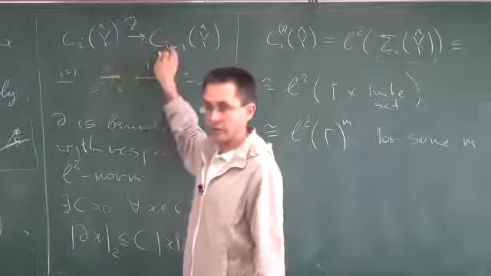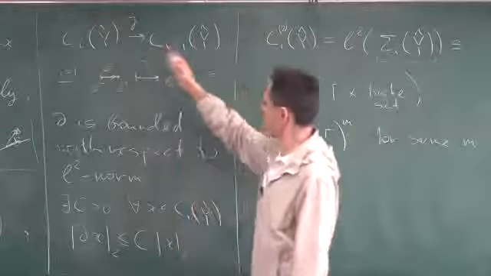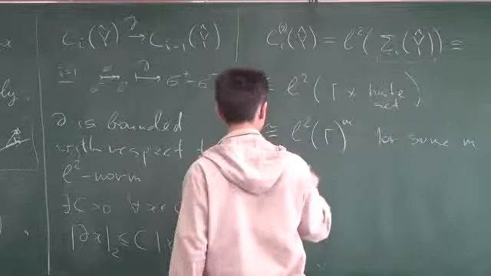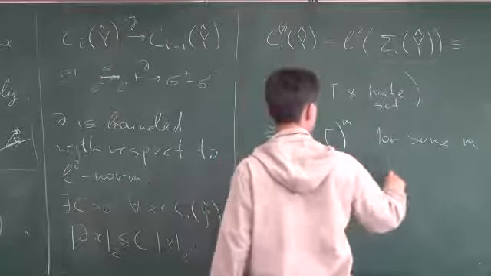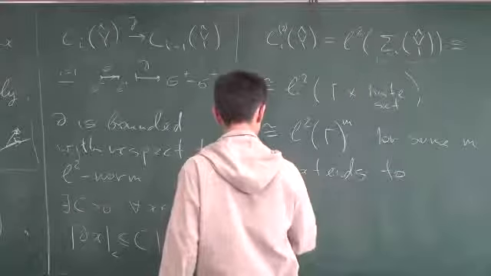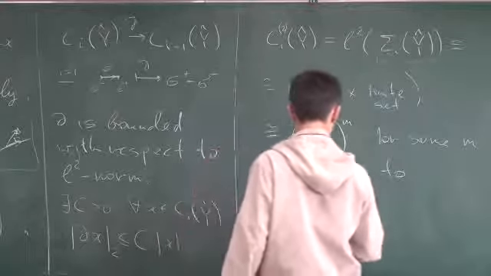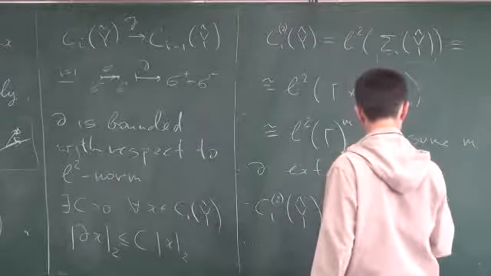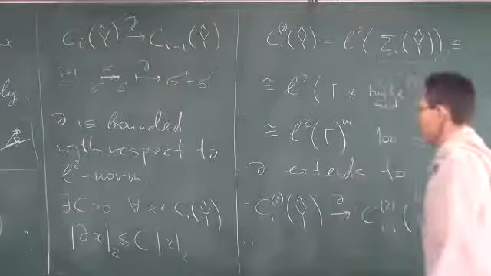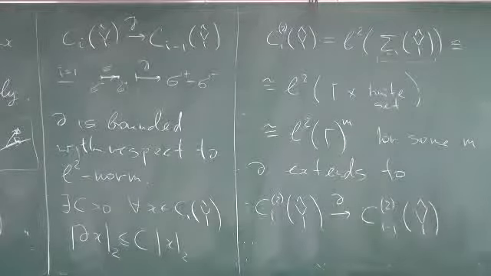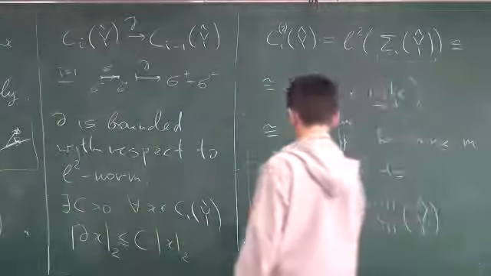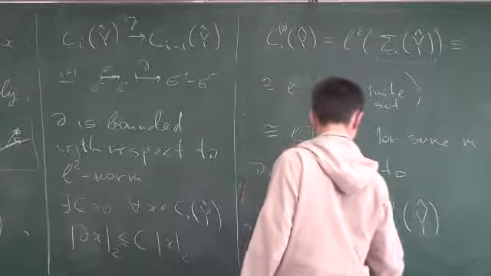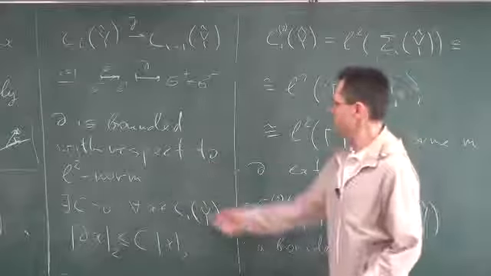So there is the usual boundary map. And what I want to say is that the same boundary map can be considered on this. So this boundary map extends to C_i^(2) as a bounded operator. Since this was bounded, you can extend it.